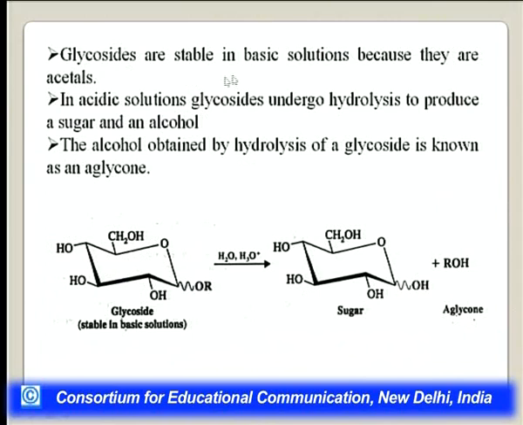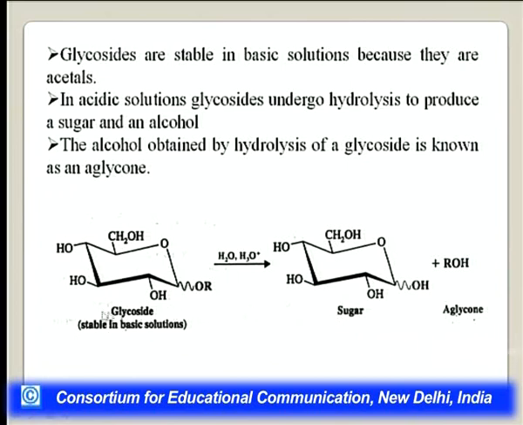Glycosides are stable in basic solutions because they are acetals. In acidic solutions, glycosides undergo hydrolysis and produce a sugar along with the alcohol. The alcohol obtained by hydrolysis of a glycoside is known as an aglycone.